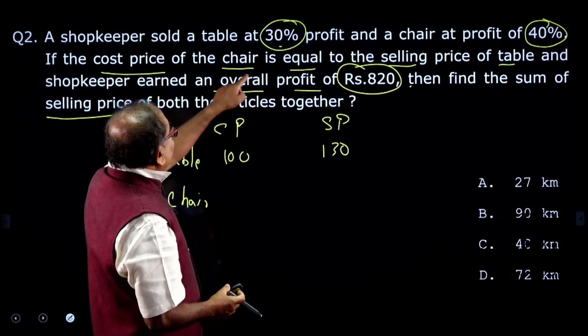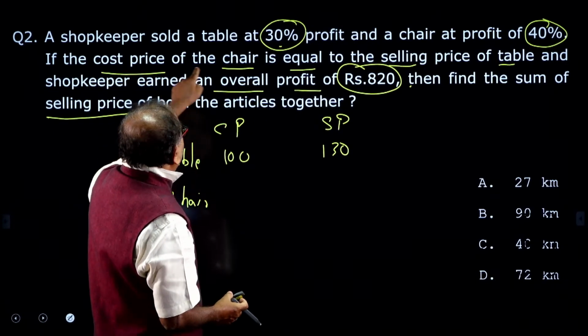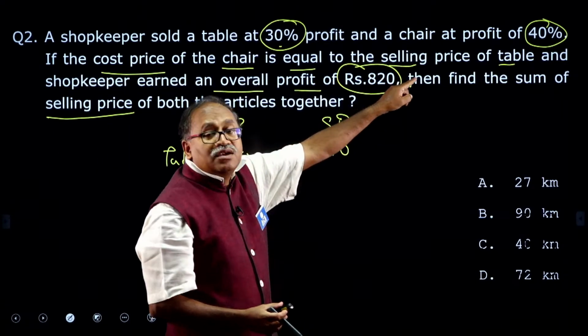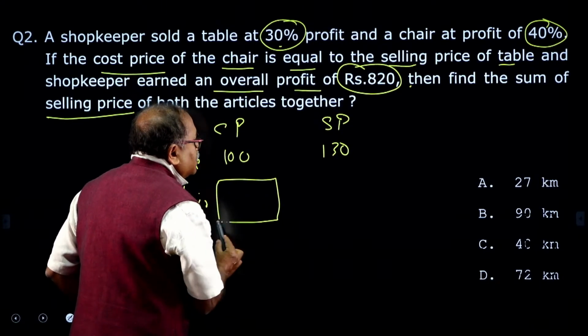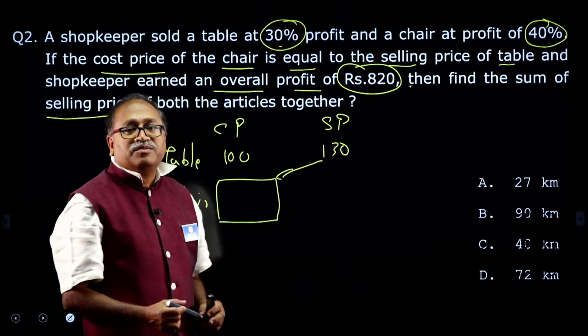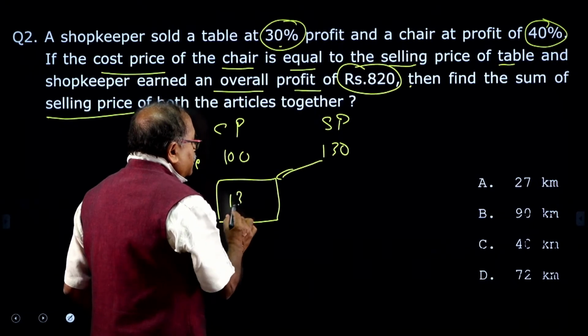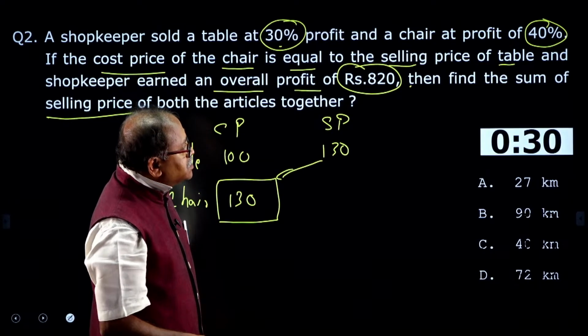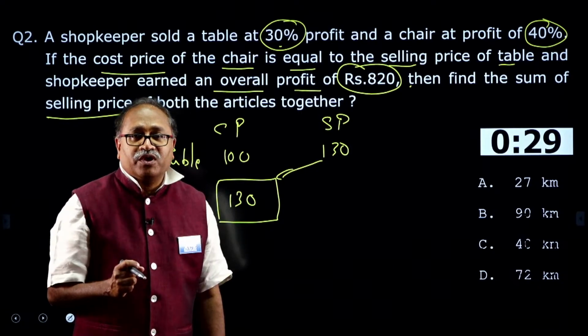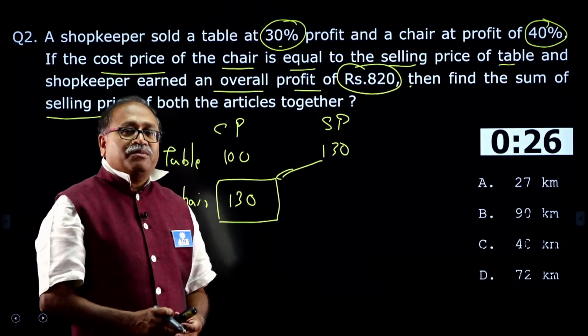Now, a beautiful equation is there over here. The cost price of the chair is equal to the selling price of the table. So, I am getting here 130, and from here onwards, my dear friends, you answer the question. You have 30 seconds on the board. Come on.